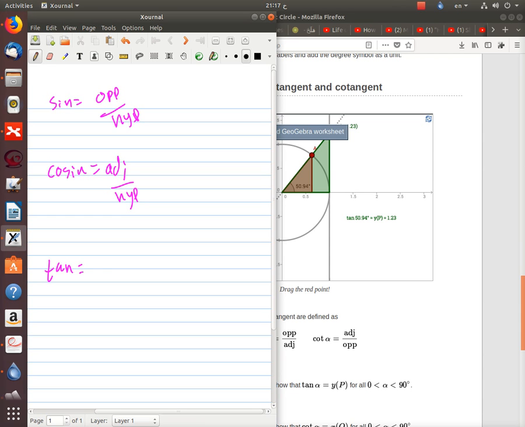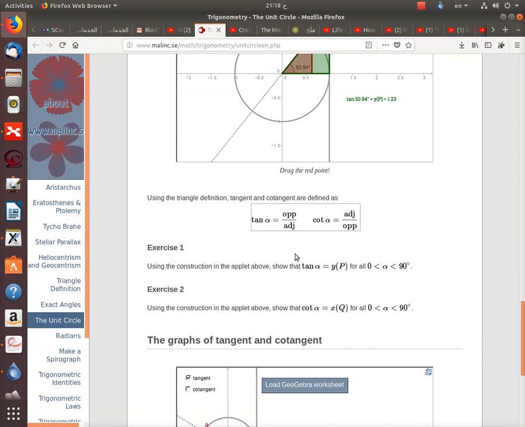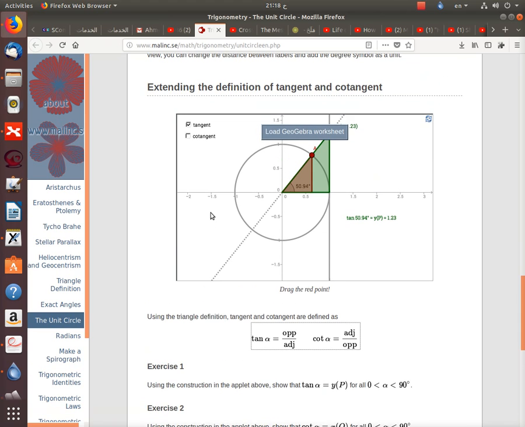Tan is sine over cosine, which means opposite over hypotenuse, all over adjacent over hypotenuse. So the hypotenuses cancel each other, and you're left with opposite over adjacent. That's it.